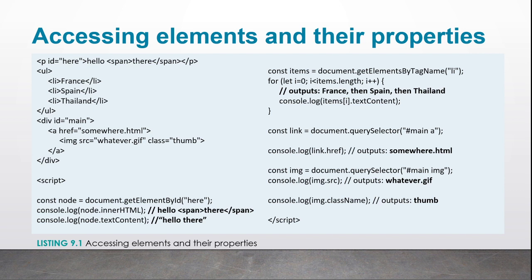And the thing that we're doing is, whatever the item is at that index, we're writing the text content. So the first time it runs, it's going to put out France. The next time it runs, it's going to put out Spain. And then the last time, it's going to put out Thailand. And because there's no more left, it's going to stop, right?